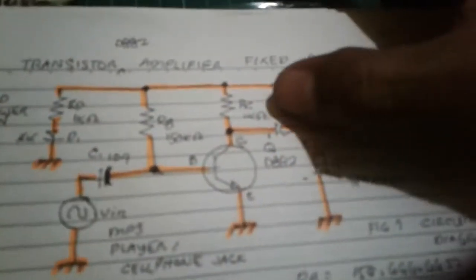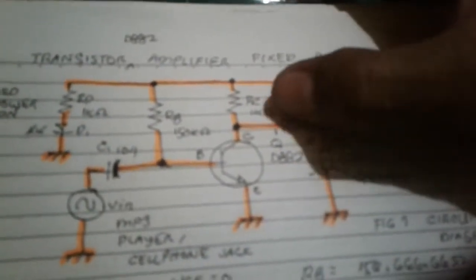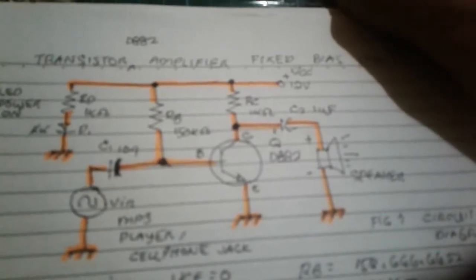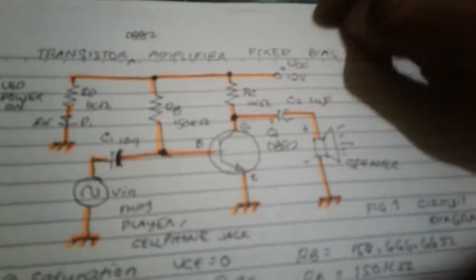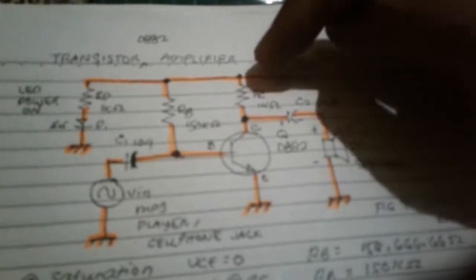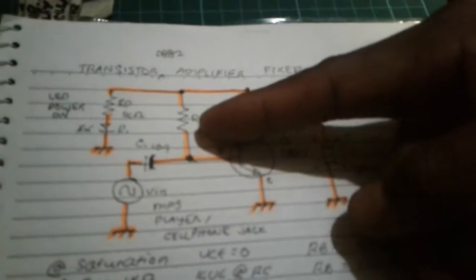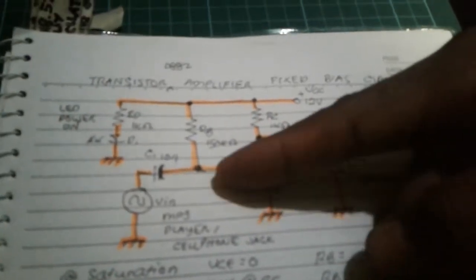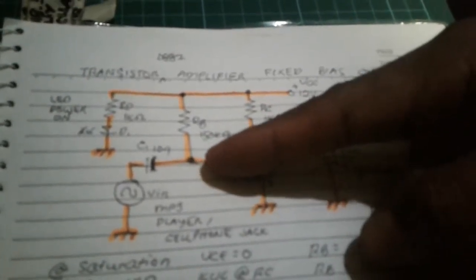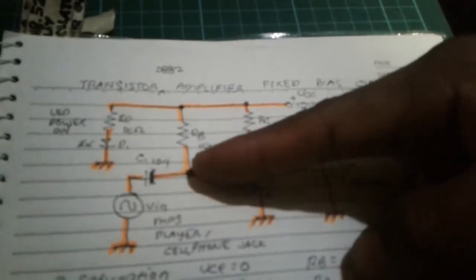So we have 1 kilo ohms here, and the collector current is 12 milliamps. Also current flows here, conducting the transistor in saturation mode. To turn on the transistor, compute for the base current and the voltage drop across the resistor.